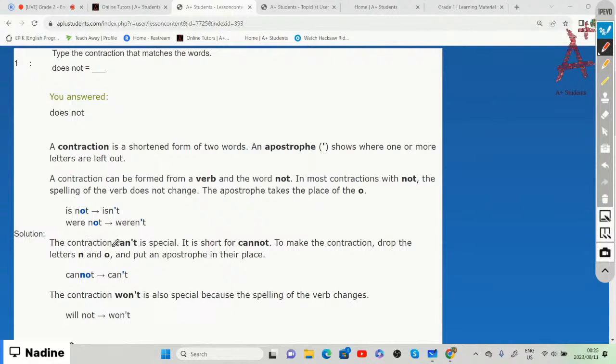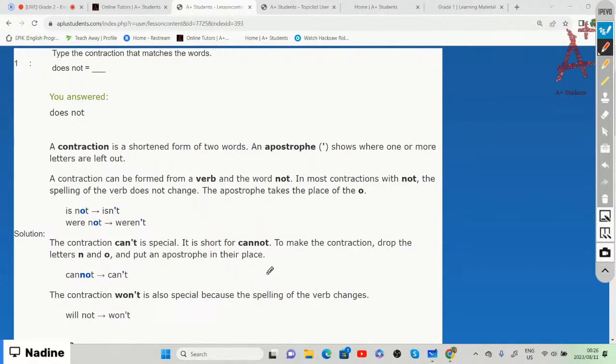Then the contraction can't is special. It is short for cannot. So I cannot complete my work, or I cannot do this activity. Instead of saying cannot, you can say I can't.